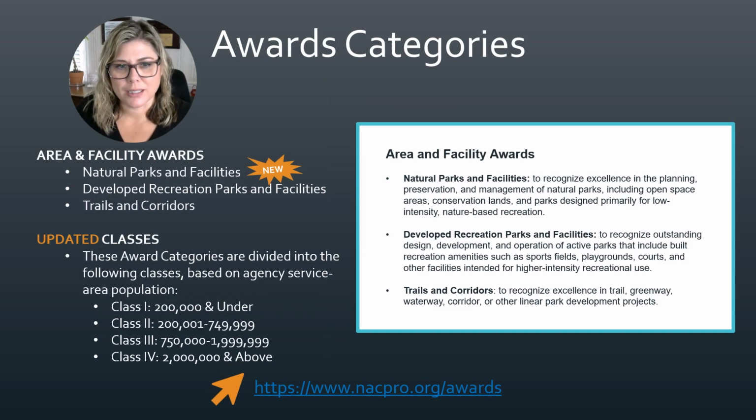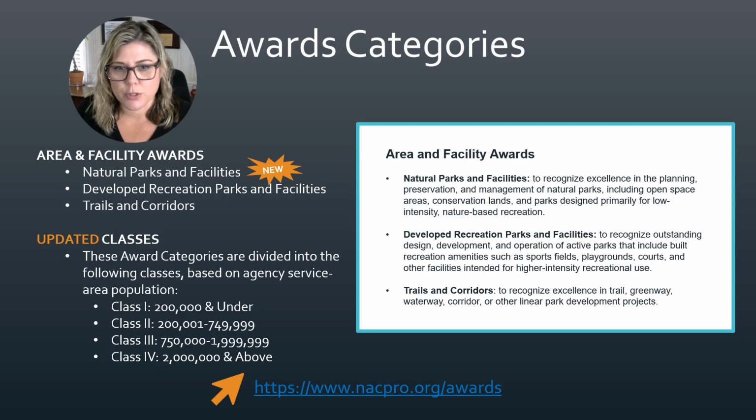Next up are our area and facility awards. This year, we've split the Parks and Facilities Awards into two categories. First, you'll have Natural Park and Facilities, meant to recognize excellence in the planning, preservation, and management of natural parks, including open space areas, conservation lands, and parks designed primarily for low-intensity, nature-based recreation.